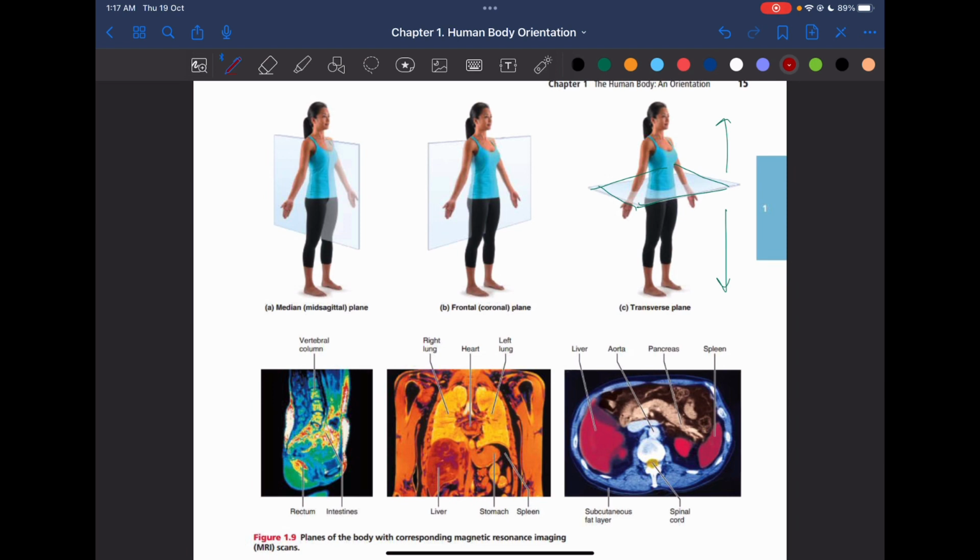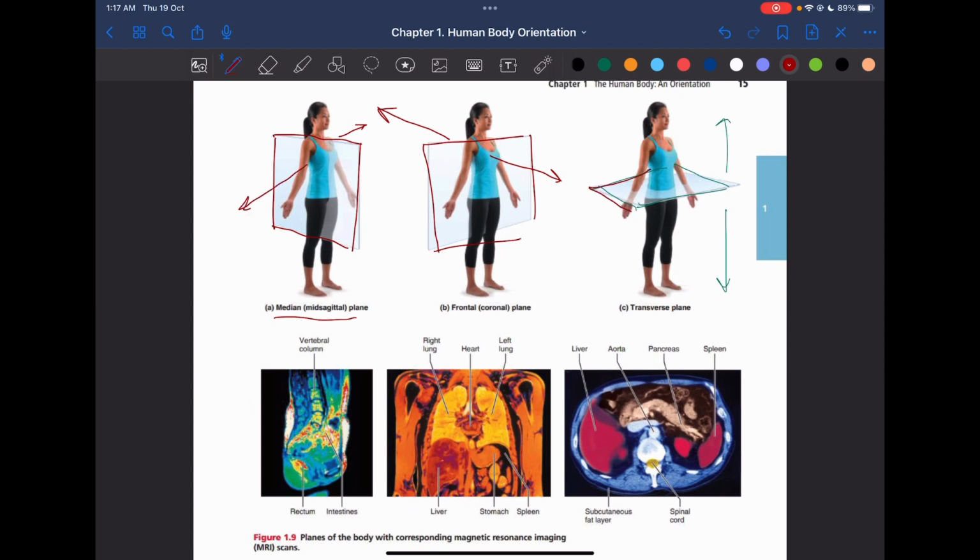So you have the median or mid-sagittal plane, which cuts like this and makes a right and left part. Here you have the frontal or coronal plane, which cuts like this, front and back.